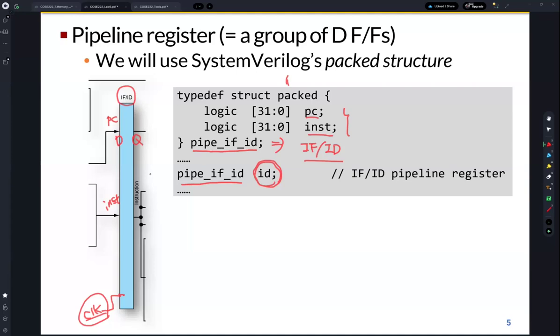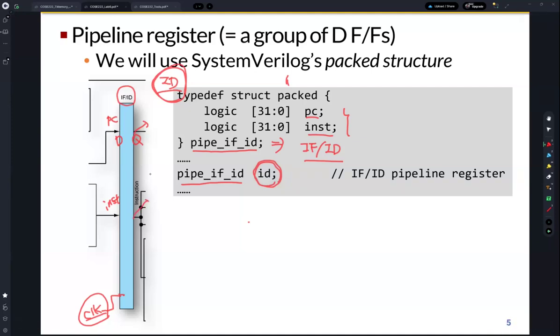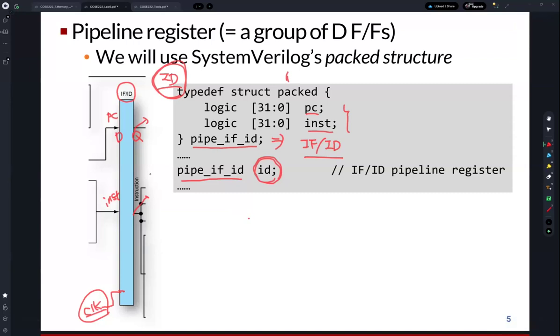And actually, in the next stage, the ID stage, we use these variables, right? If the program counter is sampled by this D flip-flop, like a pipeline register, then we will use this sampled output in the ID stage. So this output, the Q, is the signals utilized in the ID stage.